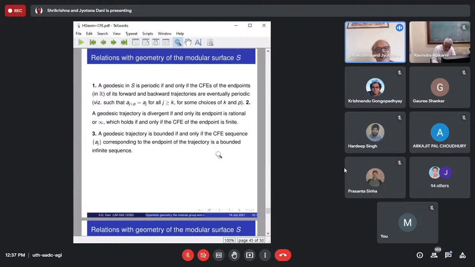Recall that these a_j in either of the cases were integers, or integers bigger than or equal to 2. So if you look at such a sequence, it could be unbounded. And the geodesic trajectory being bounded corresponds exactly to these a_j in the continued fraction expansion being bounded.